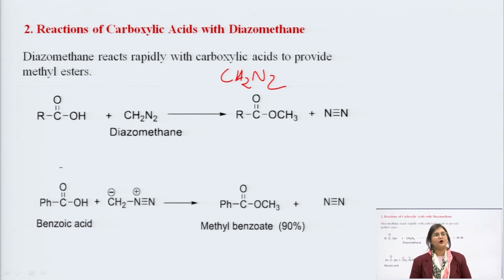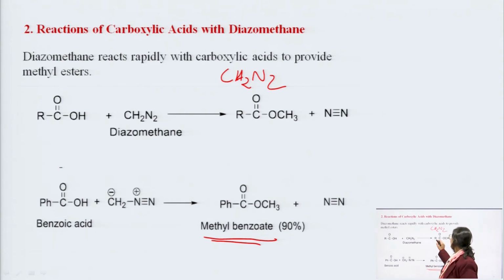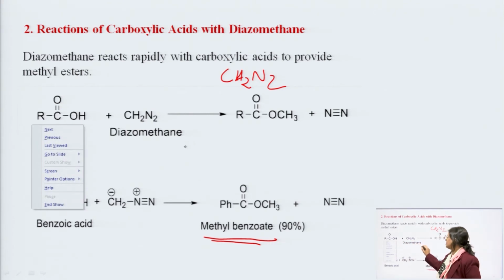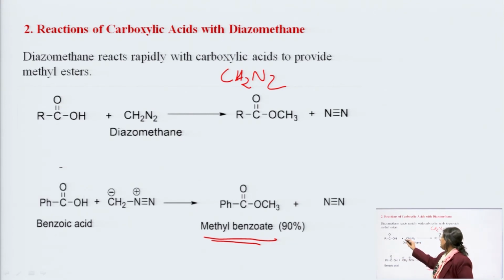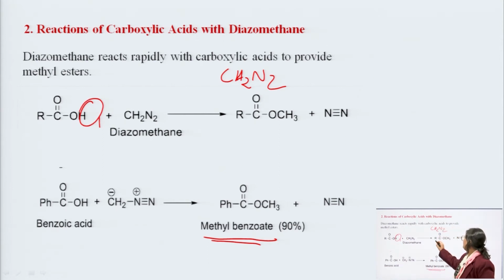Carboxylic acid upon reaction with diazomethane forms an ester, as you can see here, for example methyl benzoate. RC double bond O, OH upon reaction with diazomethane, this acidic hydrogen atom is again attacked to form RC double bond O, OCH3 with the removal of nitrogen.